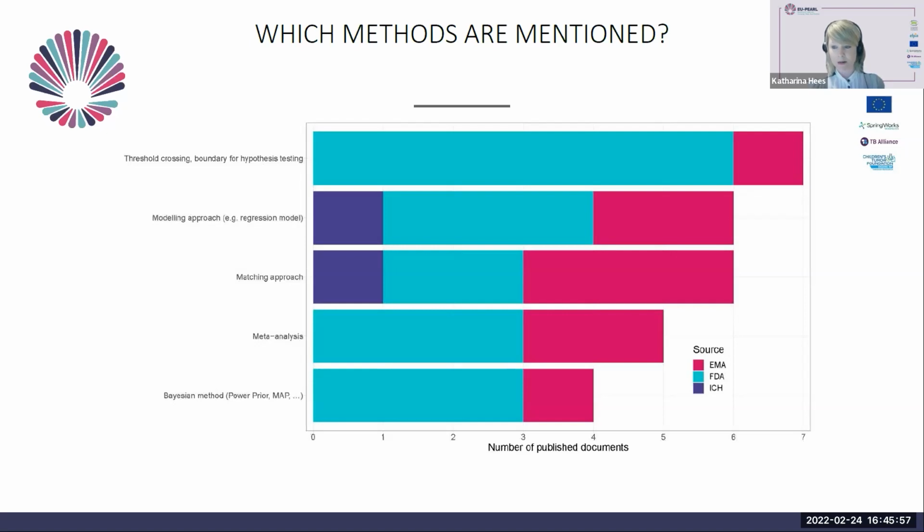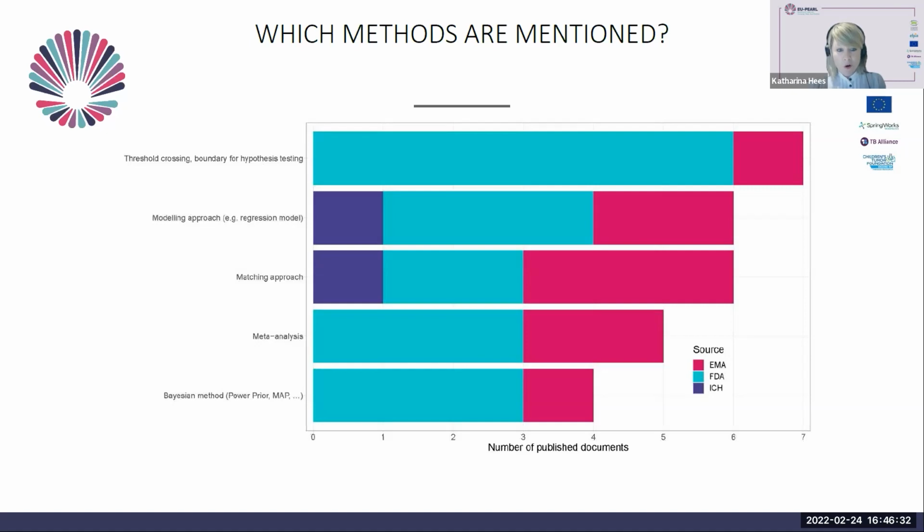Another possibility is modeling approaches, more precisely classical regression models, a method such as Marta was using in her research. Another possibility is matching approaches, for example propensity score matching, or you could also do a classical meta-analysis. A more rudimentary method, the one on the top, is to just use the historical controls to define a threshold for a hypothesis test.